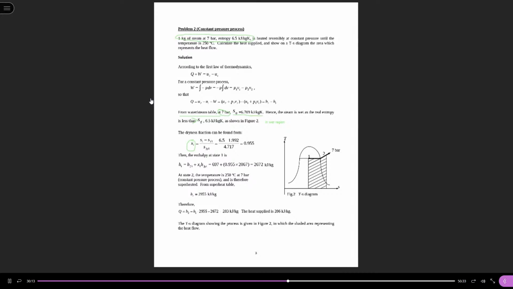In fact, this value is approaching the dry vapor, so the figure shown is not very accurate. State 1 is approaching the dry vapor.